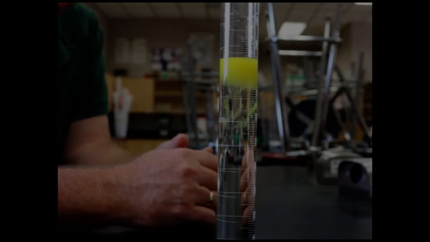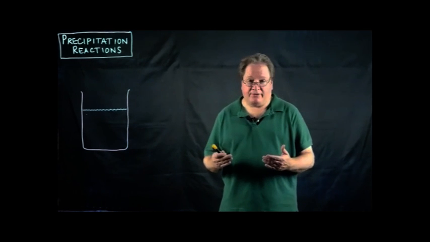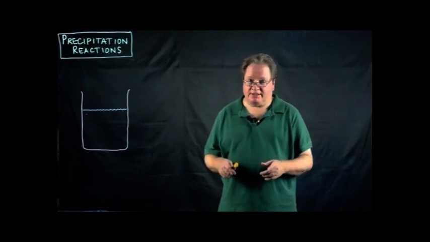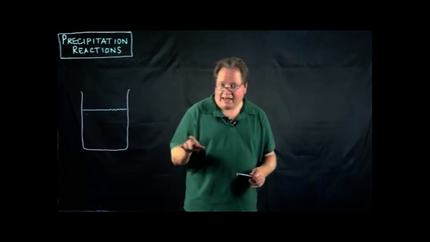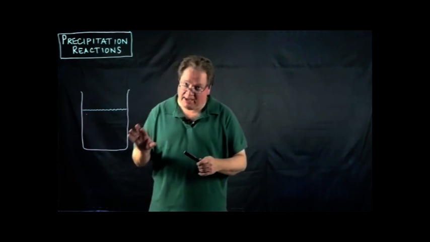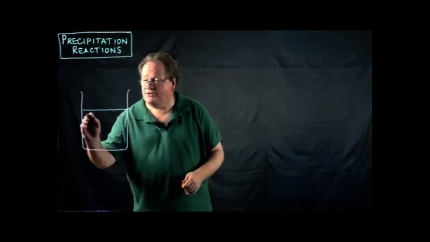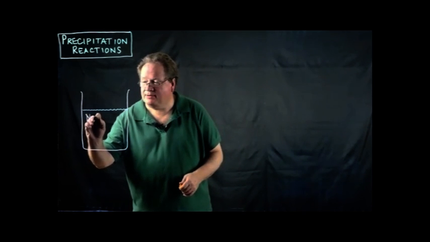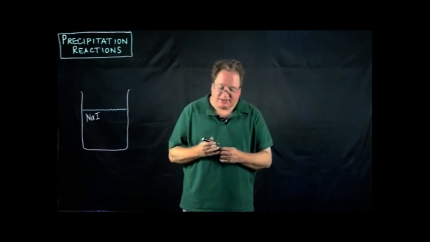Back at the board, let's talk about what we saw in the precipitate reaction that occurred in that graduated cylinder. Inside of the graduated cylinder, we had a particular solution. I basically made a solution of sodium iodide.